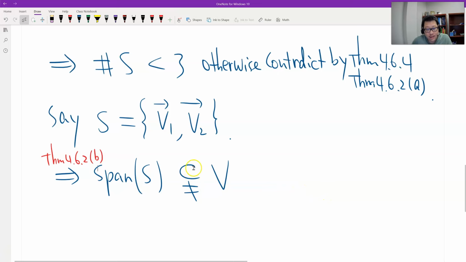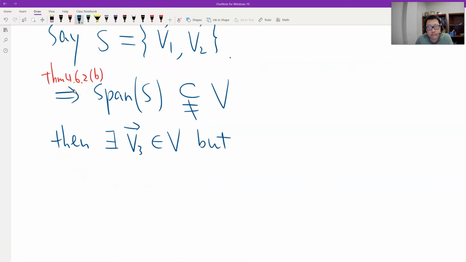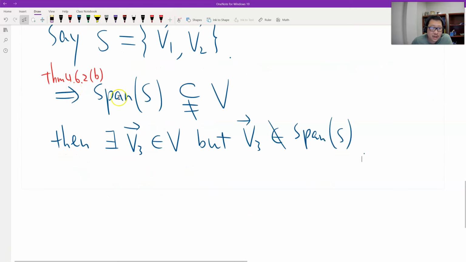This means the span is a subset of V, but does not equal V. It's a proper subset. Therefore we can find a vector in the whole space that does not belong to the span.